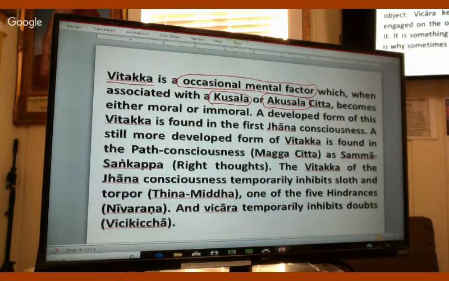That means it becomes moral or immoral, depending on the association. So some persons try to kill another person or steal other people's properties. They are thinking with Vitaka. At that time, Vitaka is working with the unwholesome mind.